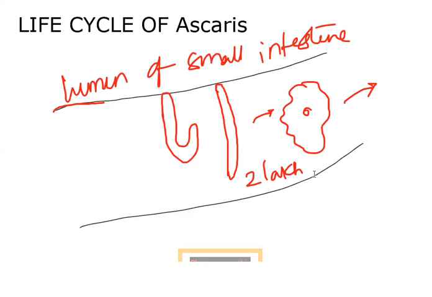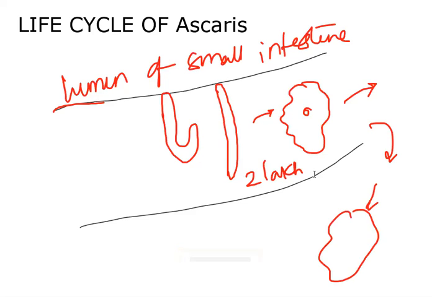These eggs are going to be released out and fall down on the moist soil, and these eggs will grow and develop to a particular stage, the first stage rhabditiform larva. I'll give a brief of the egg also. The outer is a protein coat, below that we find a chitinous shell, and below that a lipid layer is also present.